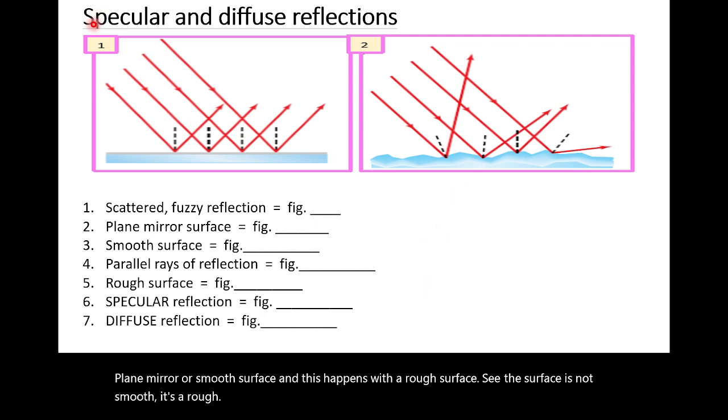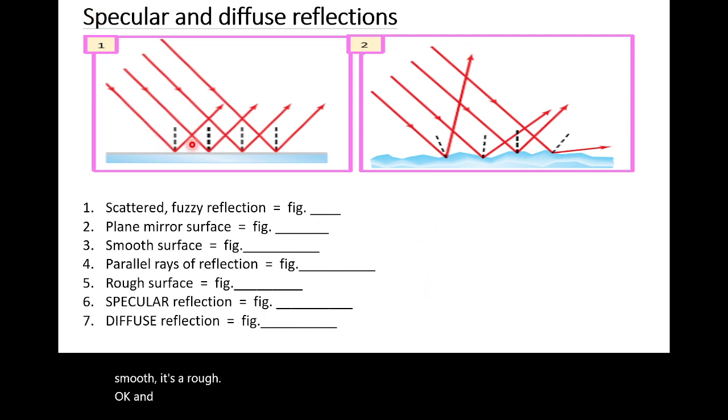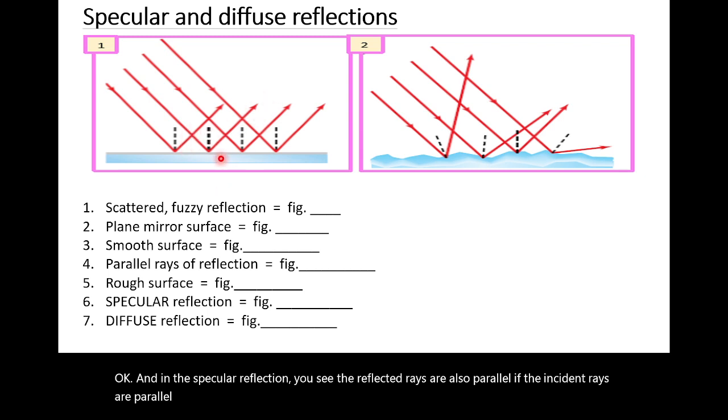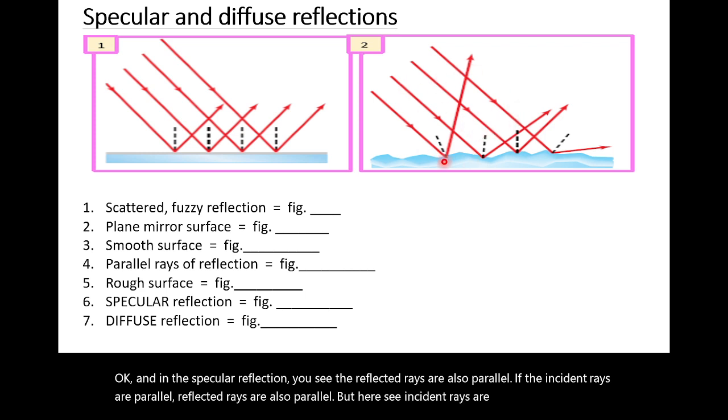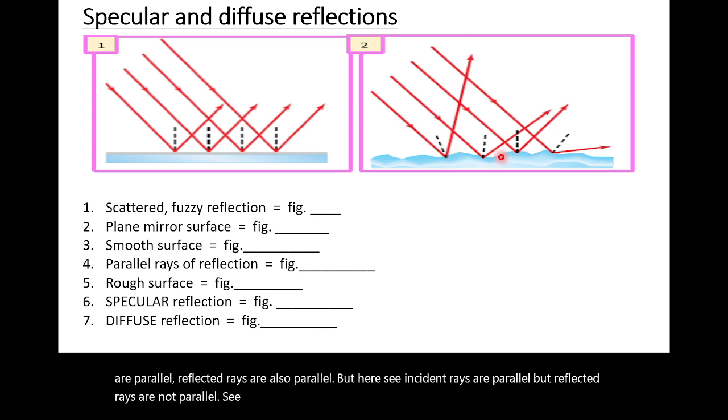In the specular reflection, you see the reflected rays are also parallel. If the incident rays are parallel, reflected rays are also parallel. But here, incident rays are parallel, but reflected rays are not parallel. This is going this side, this is going the other side, and these two lines are meeting, they are not parallel.